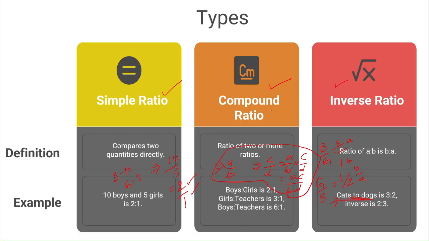Here I would like to explain more deeply. Let's take that in a class you have the boys to girls ratio as 2 is to 1, and then the girls to teachers ratio as 3 is to 1. So how do you segregate this? If I take G as a common point, in both of these, G is your common point.